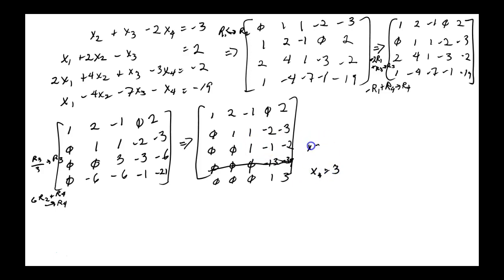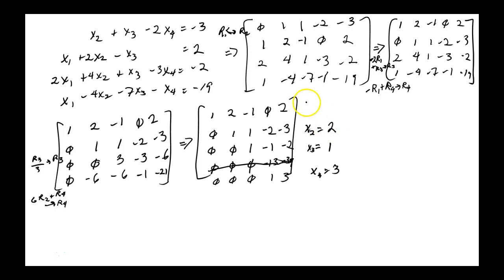X sub 3 is equal to minus 2 plus 3 is 1. x sub 2 is equal to minus 3 plus 6 will be a plus 3, no, yeah, minus 1 is 2, I think.